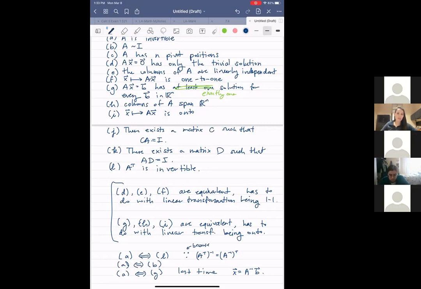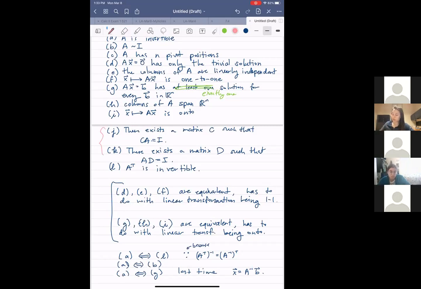There is one thing I did want to point out in here, which is these statements J and K, right? So J and K right here. These essentially say that when we're looking for an inverse of A and we find, say, a left inverse, so we find a matrix that we multiply A by on the left and we get the identity, then A is invertible, so long as A is square.